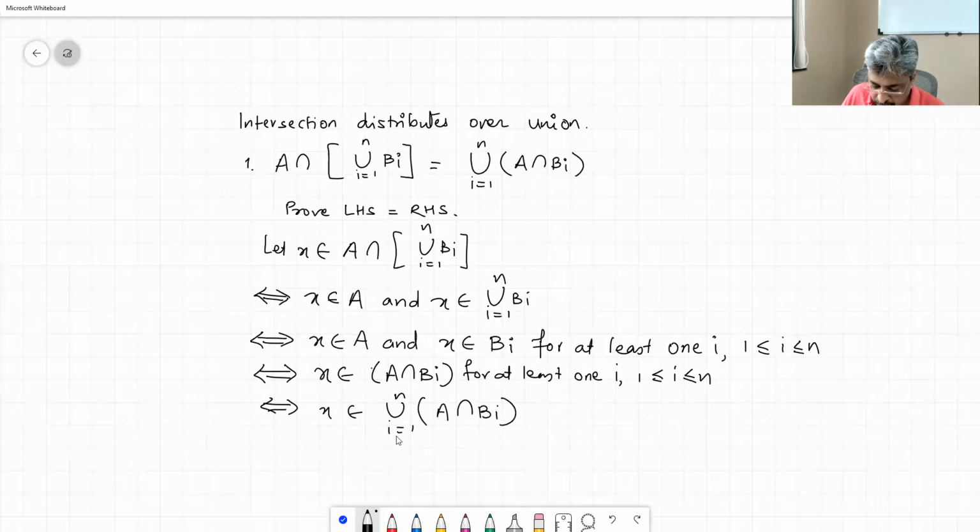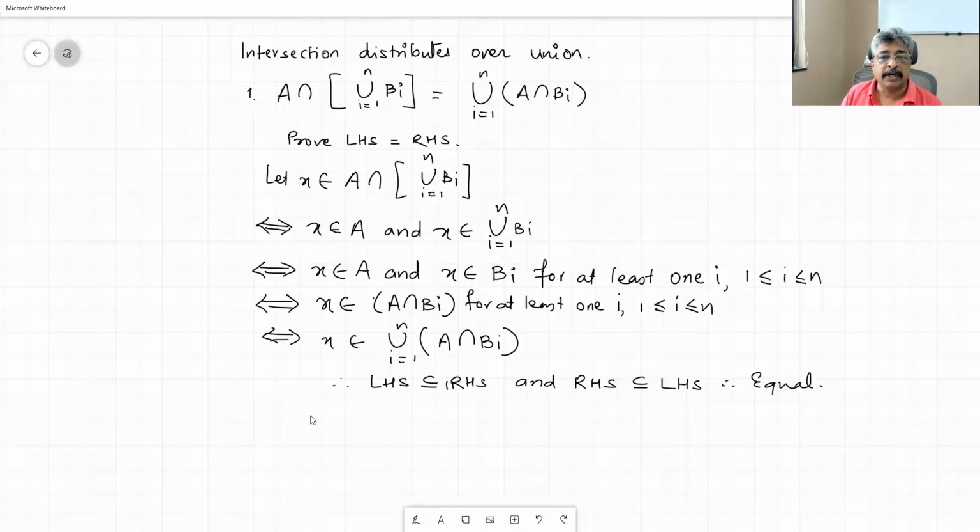Correct? So because every step is if and only if, we have proved, therefore, LHS is subset of RHS and RHS is subset of LHS, equal. Okay, I mean this is very easy and clear.